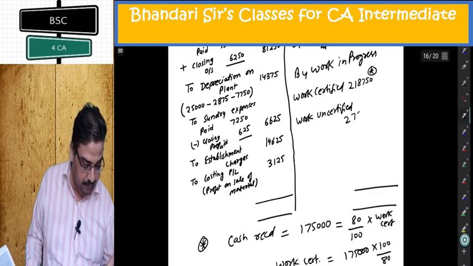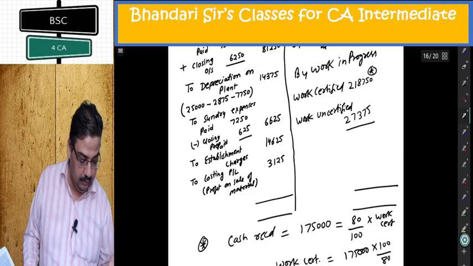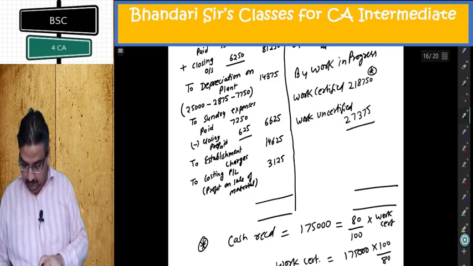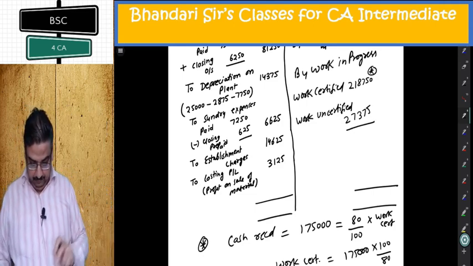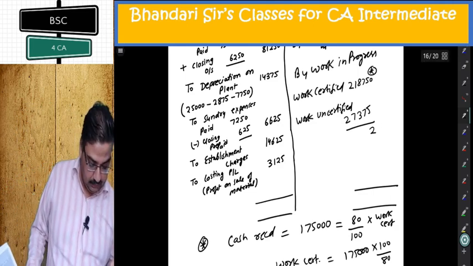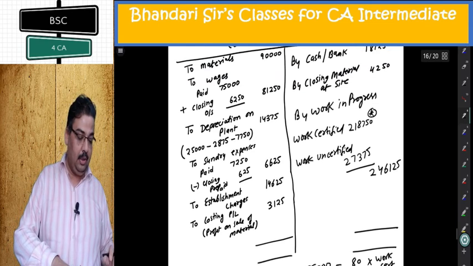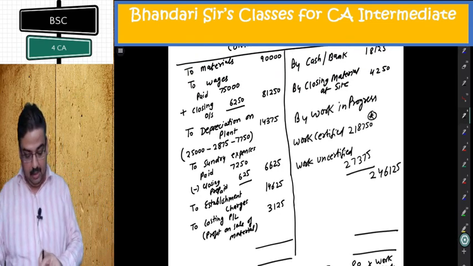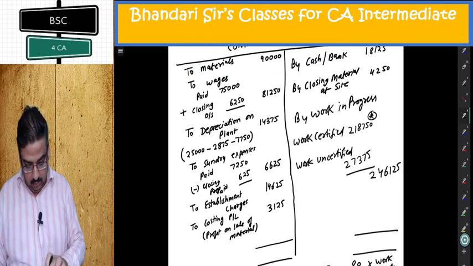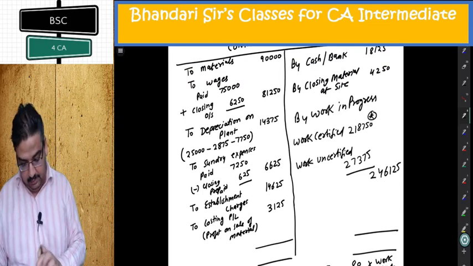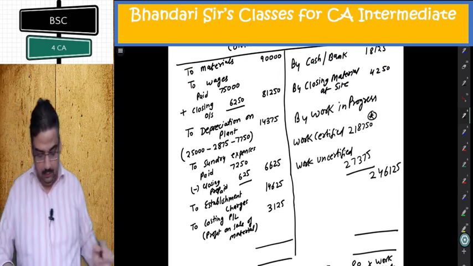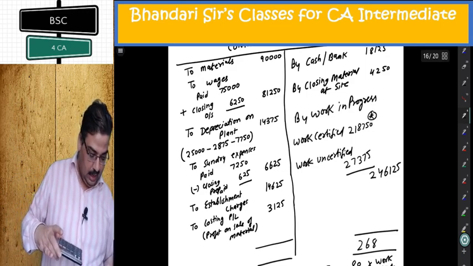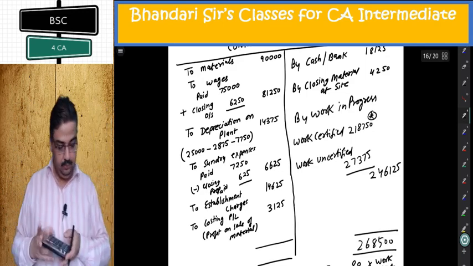The cost is given. I wanted cost only. 27,375. The total is 246,125. Now I should get the credit side totals. Plus 4,250 plus 18,125. This is 268,500.